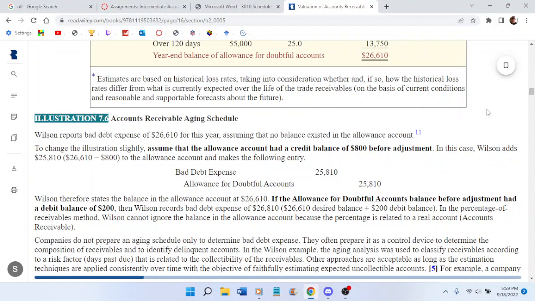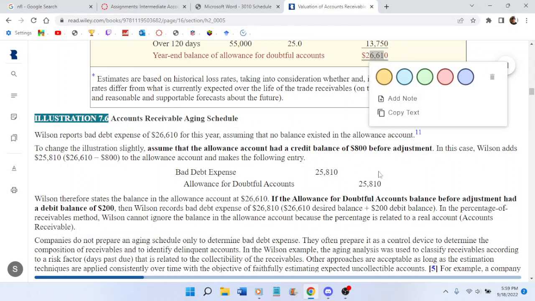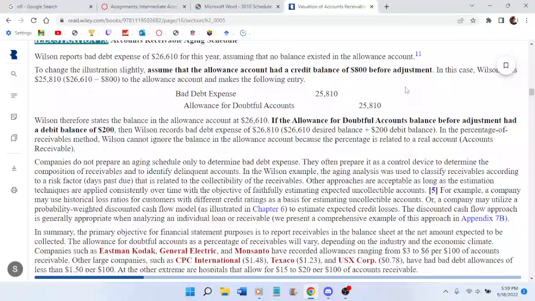So all I do is basically get this allowance to this amount, get it to this number here, however you need to get it there.